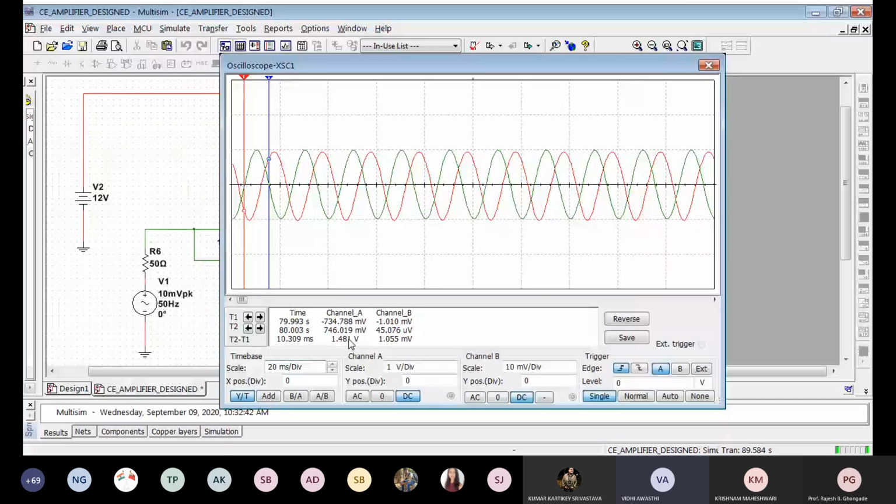Square root of 2. Remember that? So what was the output voltage in case of mid frequency gain? It was 2.8 volts. So how much does the output voltage get reduced to?